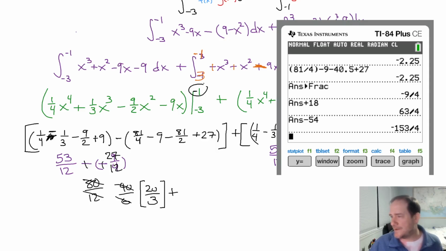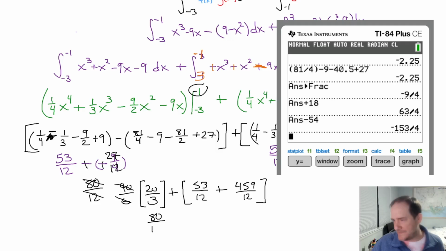Then we are adding on 53/12 plus times 3, 3, 4, 59 twelfths. Oh boy. All right, so what are you? You're 80/12. Go back to being 80/12.